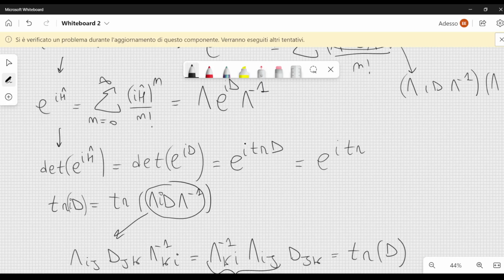You can put an I here, and therefore here you have e to the I trace of, or you can put I inside the trace.